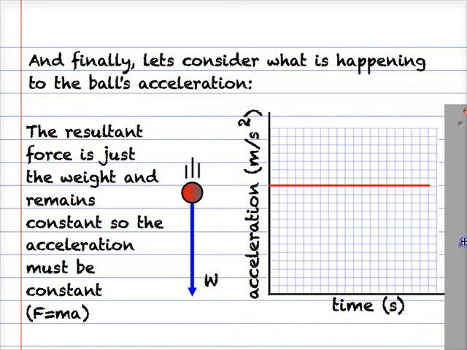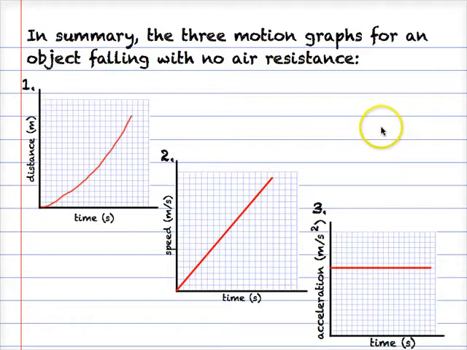So the acceleration isn't changing with time, it's remaining constant as the time goes by. So we see a horizontal line. So just summarizing those three graphs. The first graph, distance against time, we can see that we have a slope, an increasing slope in this graph.